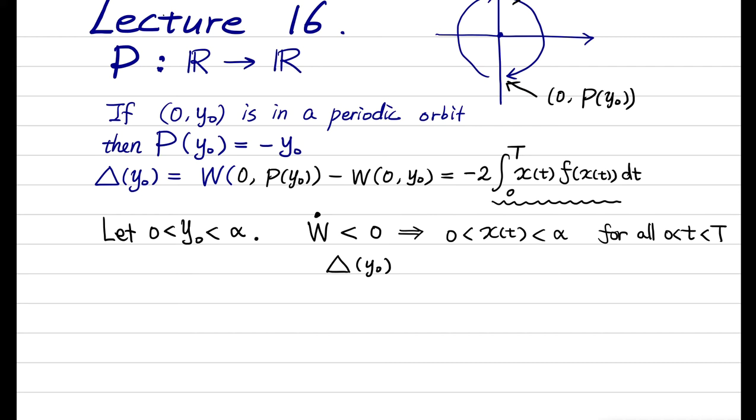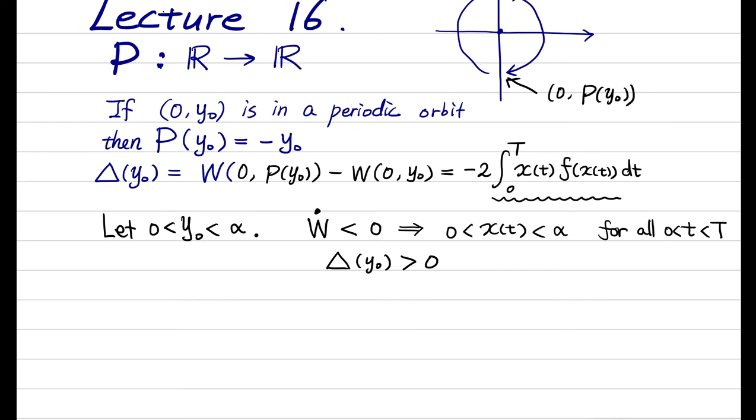Must be positive because f is negative. So there's another negative sign here. So delta of y0 must be positive whenever y0 is between 0 and alpha.